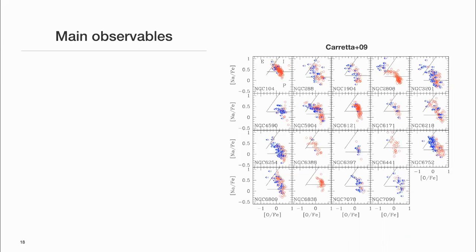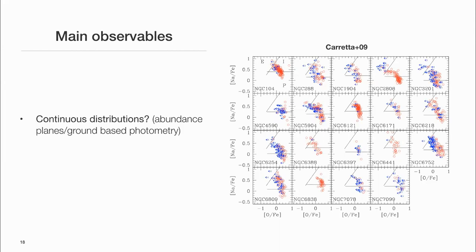Another thing that you need to know is that in these abundance planes, as you can see in this example, the abundances seem to follow a continuous distribution, okay? And you can get the same when you do the CMD that I showed you before. However, this is where HST revolutionized the field.